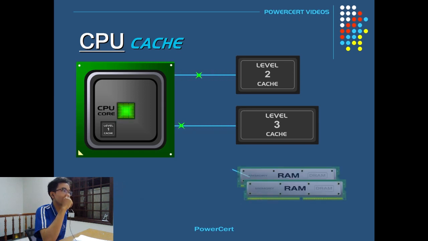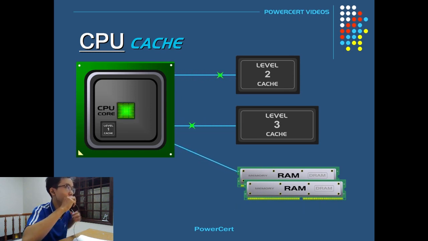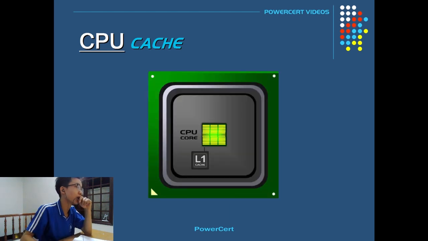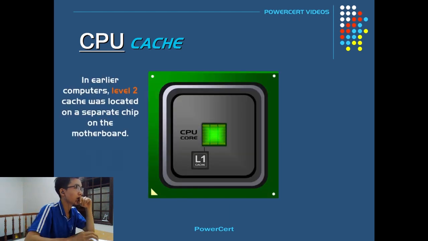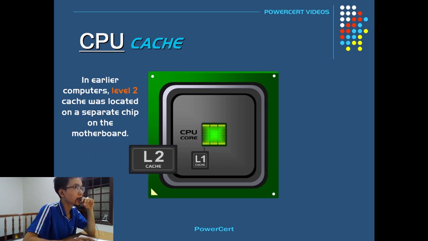And level 3 cache is used to cache recent data accessed that was not cached by level 2 cache. And finally, if level 3 cache doesn't have the data, then the CPU has to go back to the slower RAM to find the data it needs.